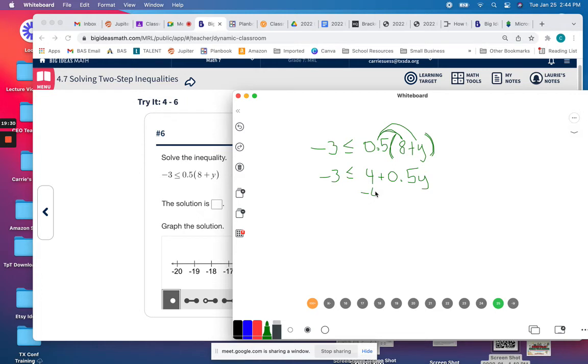You subtract. Yes, so those are canceled. -3 minus 4 goes further negative to be -7. Okay, 0.5y. Now how do I get the y by itself? Divide by 0.5.